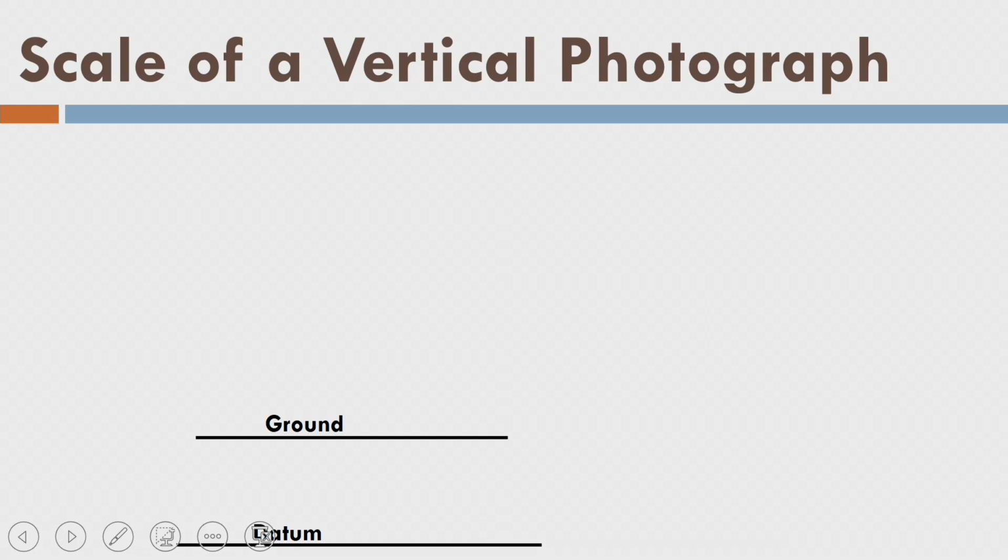Okay, so again, the scale of a vertical photograph, once again we are talking about, let us say there is a ground surface like this and there is a datum like this. That means I am measuring my flying height with respect to the datum. So if you see that there is a point on the ground which is A, and on the datum its projection is A0.